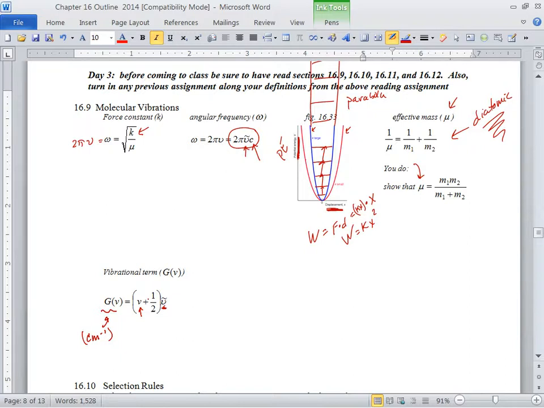Where did we see this V? We wrote V equals something, V equals something, V equals something, and all these different vibrational energy levels. Do you remember that? It's our quantum number for this potential energy well for vibrational energy levels.